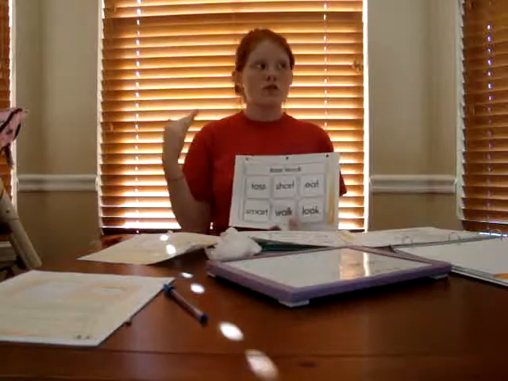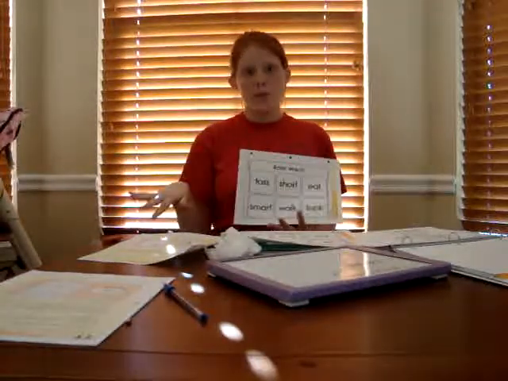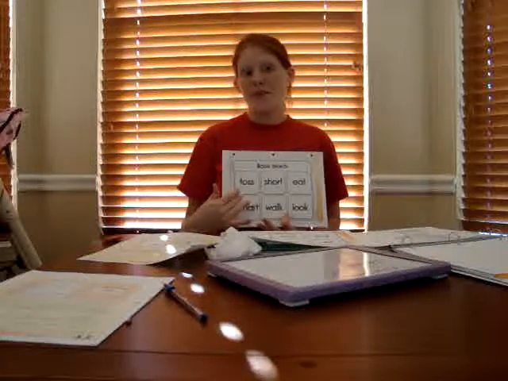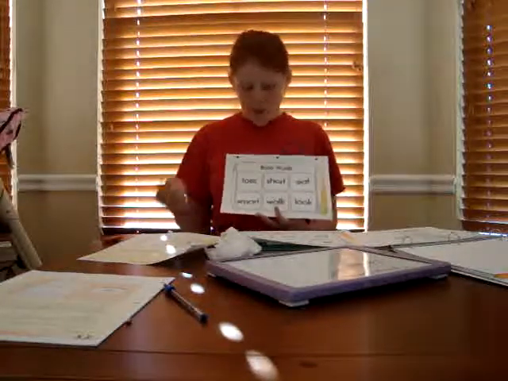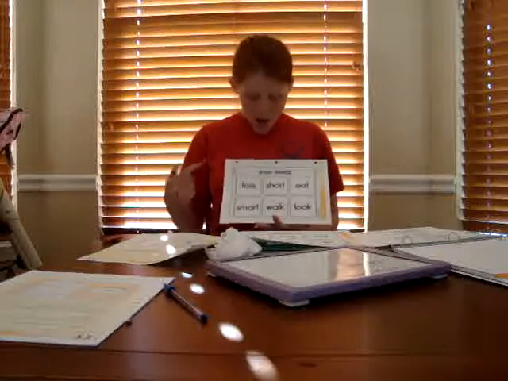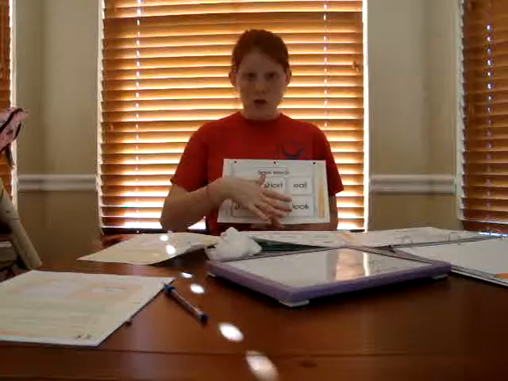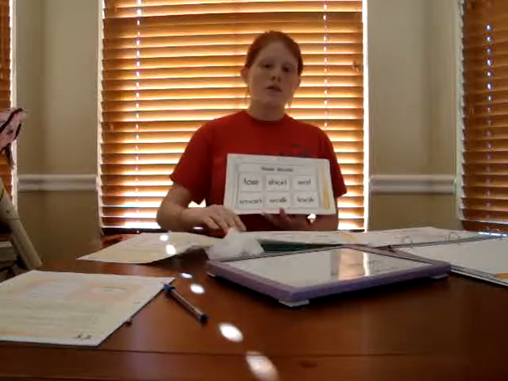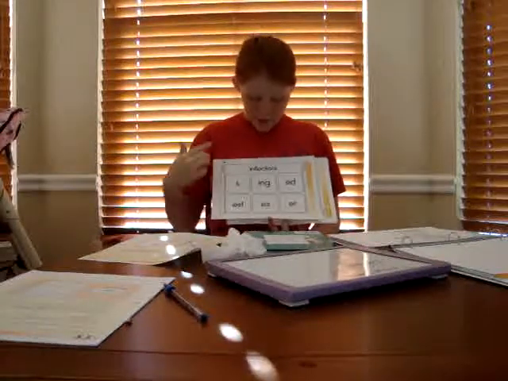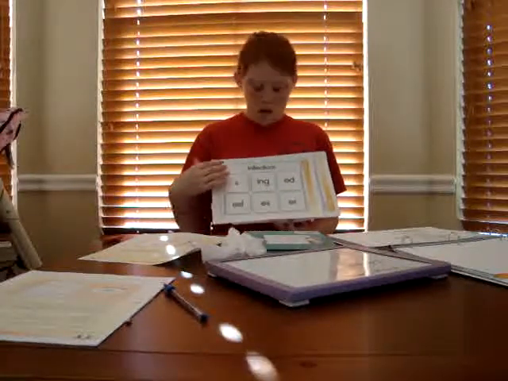You can either use the boxes or you can make bigger copies and laminate them. And what the students would do, a student would come up and toss a beanbag and get it to land on one of these squares.